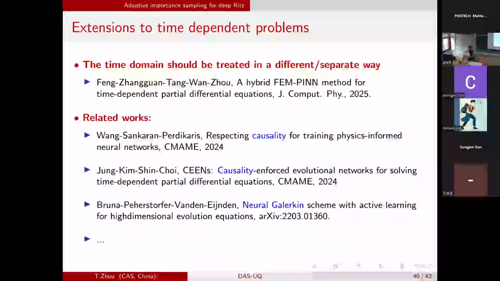I usually emphasize that this is dynamics. It's not like the physical domain. The time domain is only one dimension, so you don't need to care about high-dimensional approximation, but it does define the dynamics of the solution. So there should be some care for the time domain. I just leave some references here.